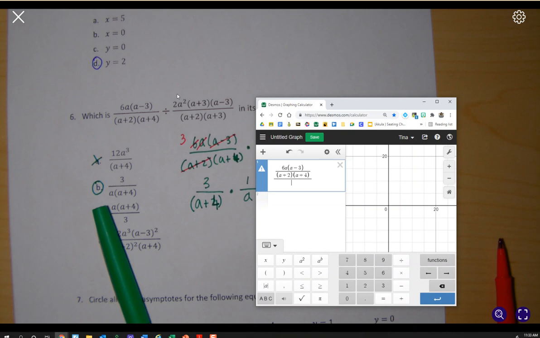So you just have to make sure to put all of this part in the denominator, which means you have to have another fraction bar in the denominator and plug this in. That's just something I wanted you to see and be careful about. Or if you want to change it into multiplication, then you can do that as well.